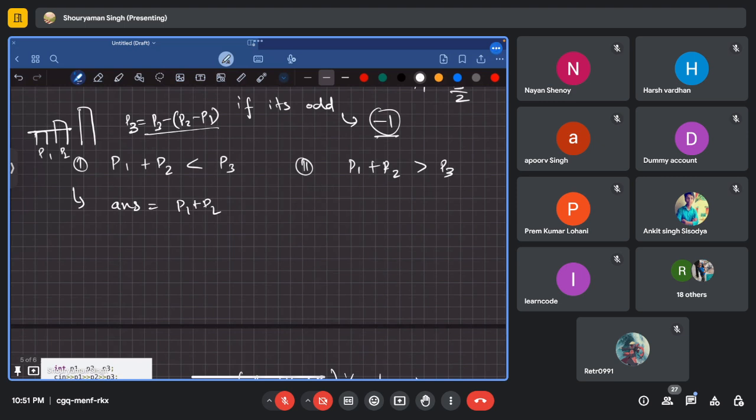Then after that, one time you do a draw game with P1 and P3, then you do a draw game with P2 and P3, and you keep on doing this till you reach the end of P1. At the end, it would be 0, 0, and here will be some value.